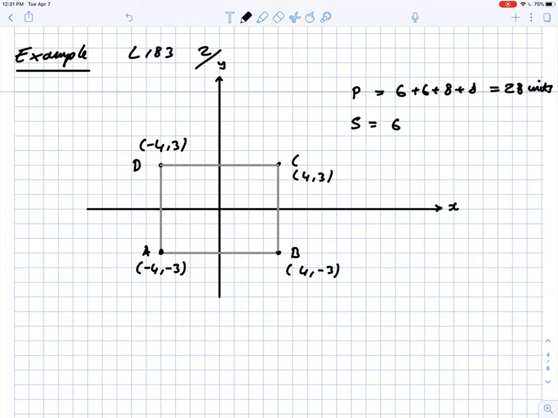And the area is what? Well, it's just 6 times 8, which is 48 square units. So pretty neat. Okay, looking at this, there's something kind of interesting we can see here.